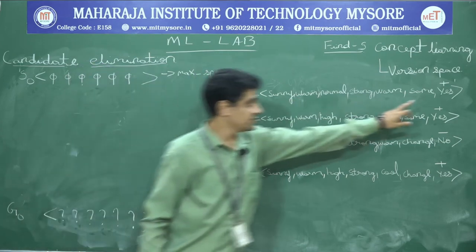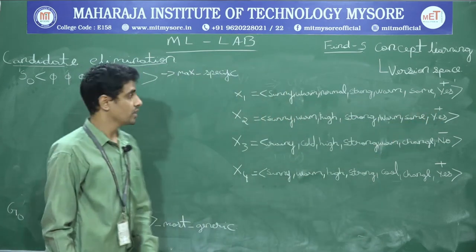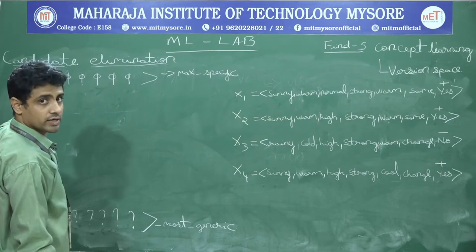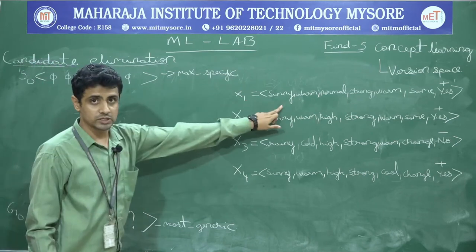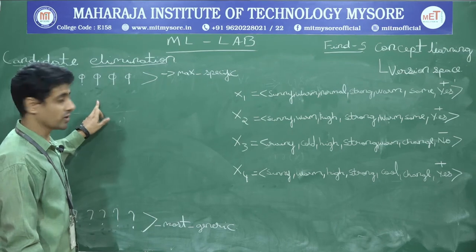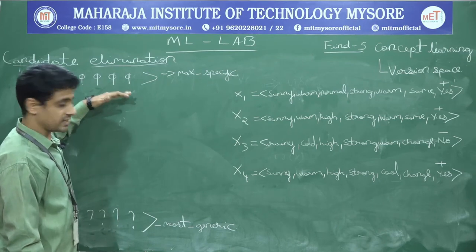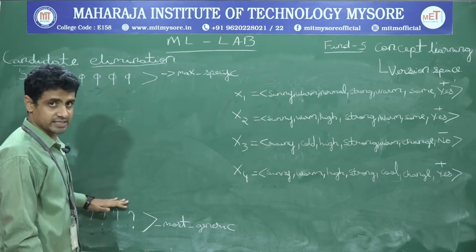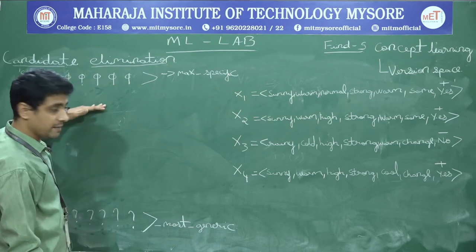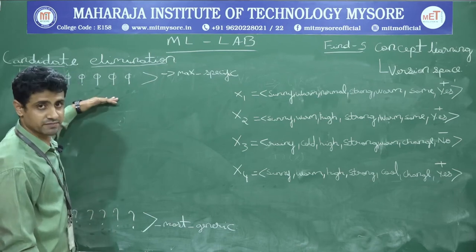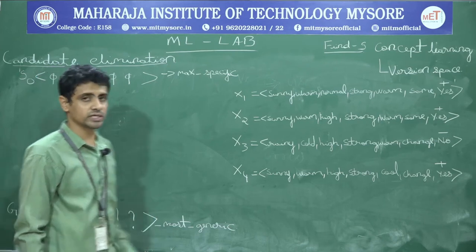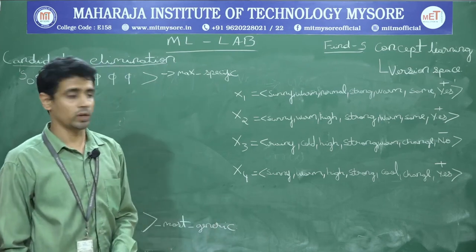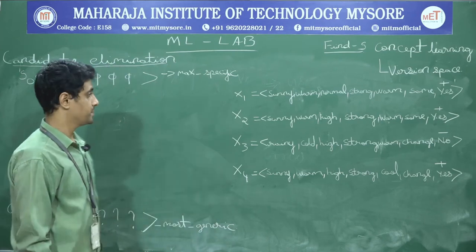If it is a positive example, try to make the specific hypothesis fit it, then compare with the generalized and check whether it can be made more generalized than the given specific. It's quite confusing in the initial stage; we'll get to know it one by one after each instance is taken.